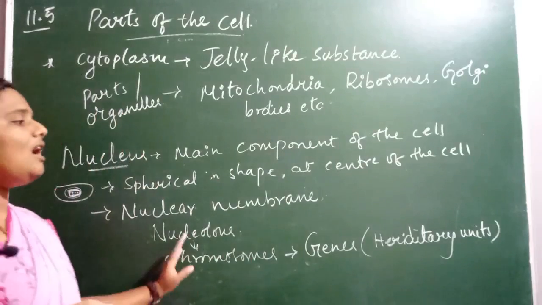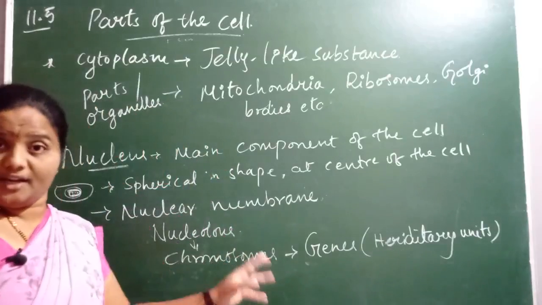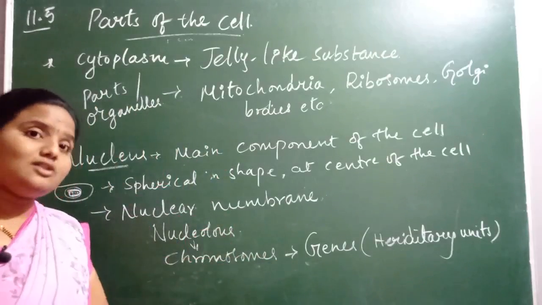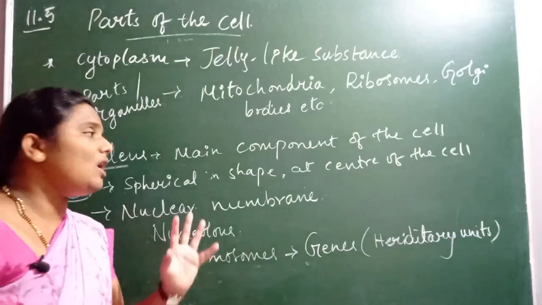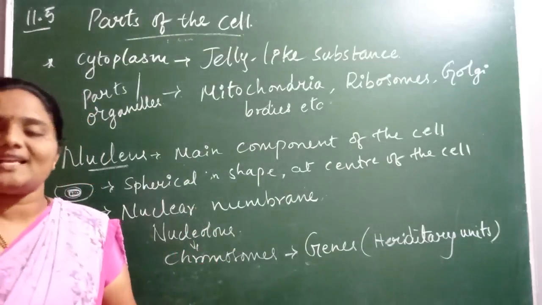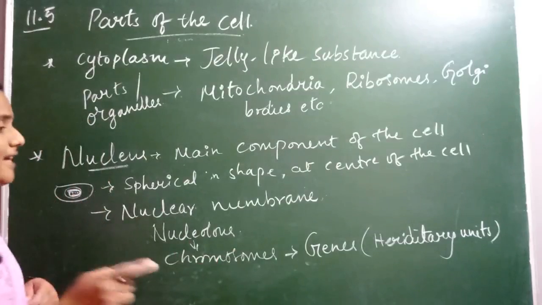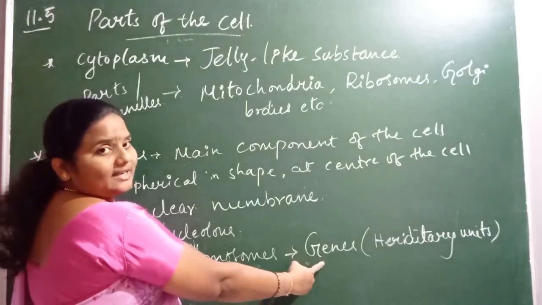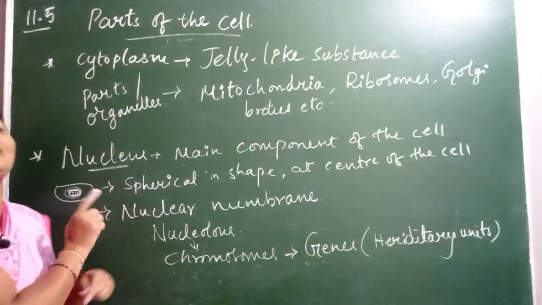And along with containing the hereditary units, the nucleus is also helpful in control and coordination of the cell activities, children. The first main thing is it contains hereditary units, and the chromosomes can be seen, children, only during the cell division time.